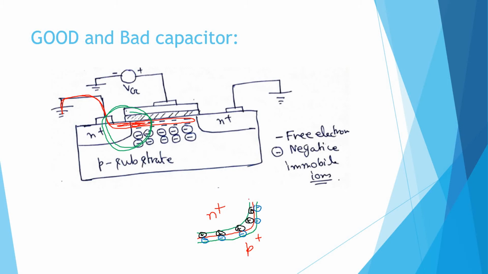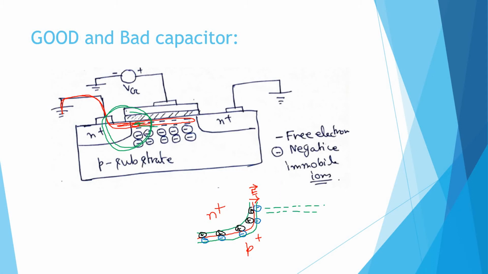Now you just consider, you know that the electric field is always from the positive to the negative direction. So the electric field is in this direction, right? And here the channel is formed, which is basically made up of free electrons, accumulated in this part.